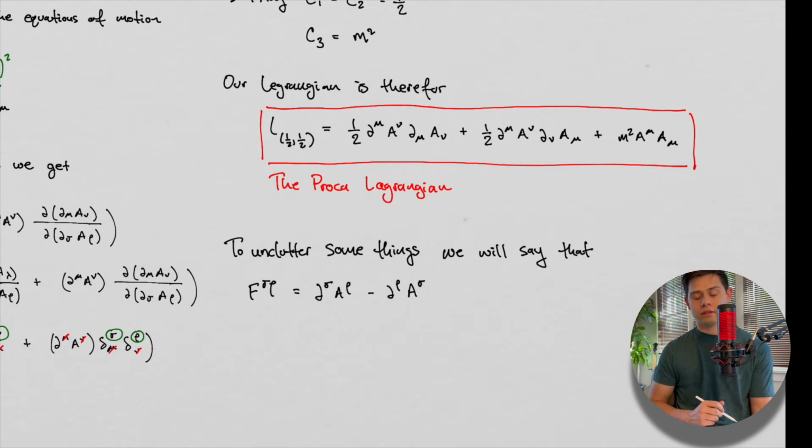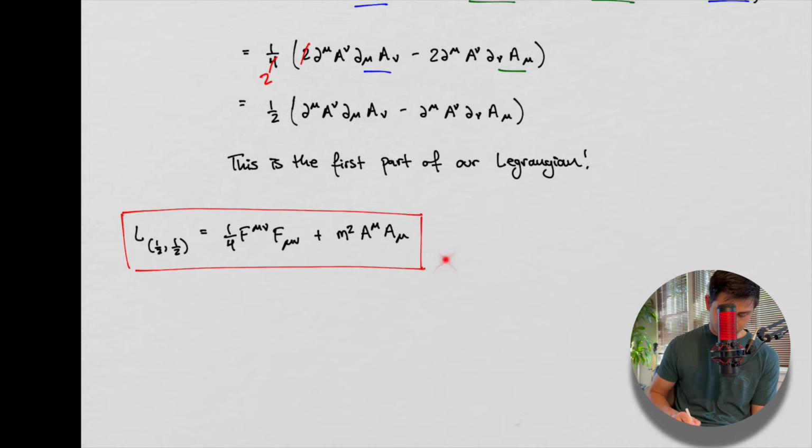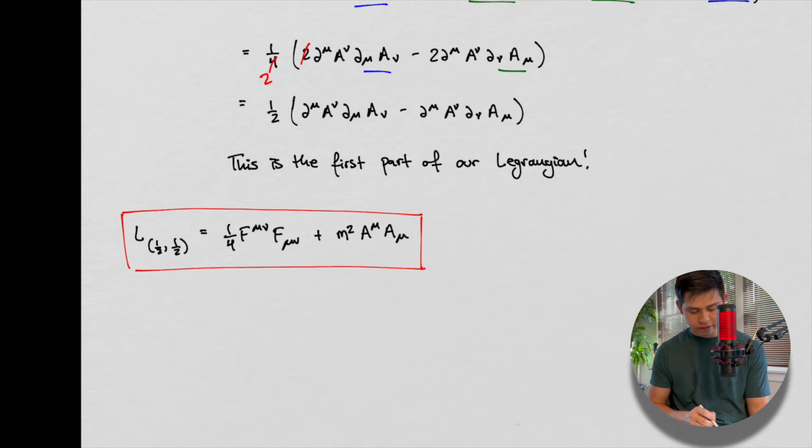All right. So this is our Lagrangian in our 1/2 representation. What we have done, ladies and gentlemen, is we've got the Lagrangian for our scalar field. We've got the Lagrangian for our Dirac field. And we now have the Lagrangian for our Proca field.